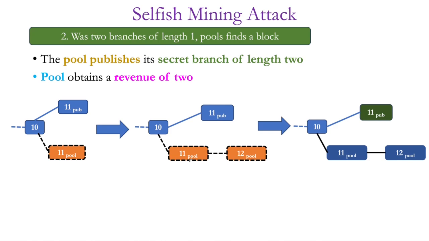When these two blocks are published by the selfish miners, the honest miners who are building on the public 11 will be updated by this 12. So in this case, the selfish miners obtain the revenue for two blocks.